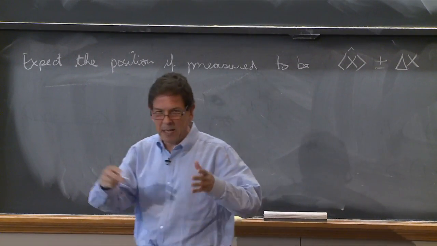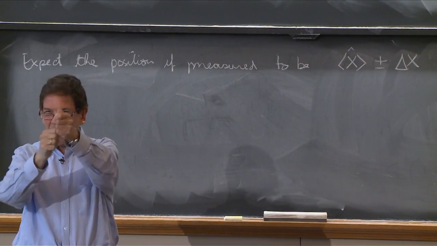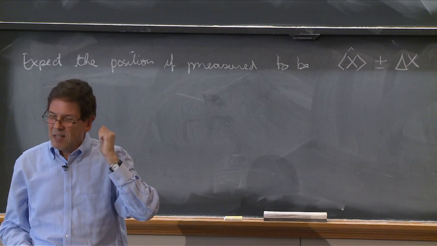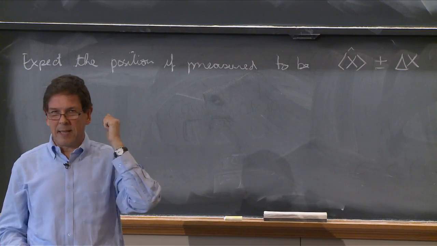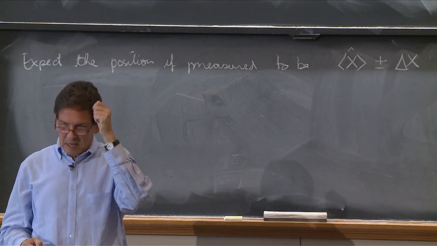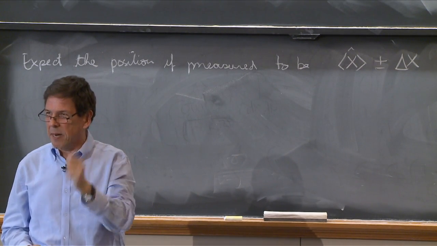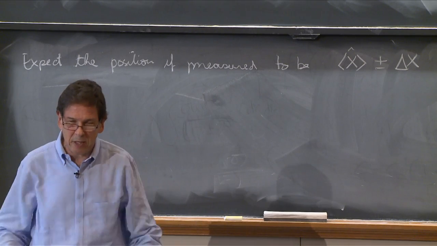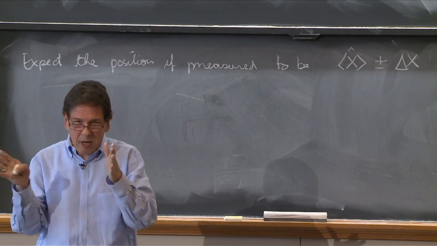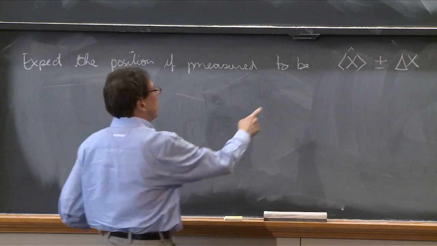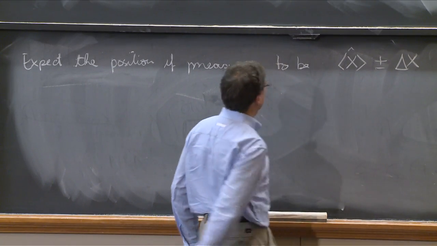So if I'm going to measure the position of something in a state, the most likely measurement that I will get is the expectation value of x, statistically, after I repeat this many times. But if I just measure, I'm probably going to get some number between this and this.